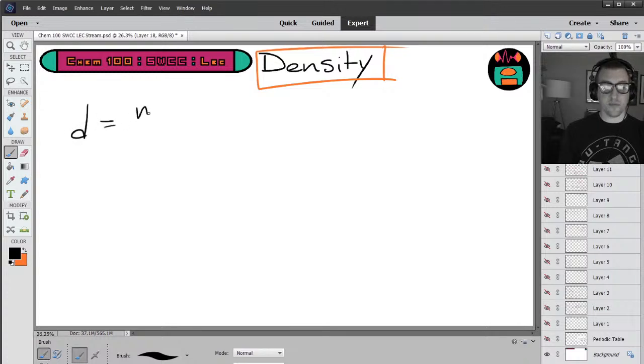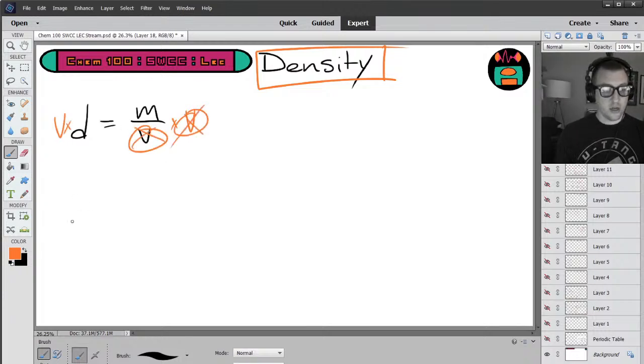We can find the mass of water using the equation for density. We got to do a little bit of algebra here. We're going to start by multiplying both sides of this expression by volume so that it cancels and we isolate mass on one side of this equation. So mass is equal to the volume of water times the density of water.